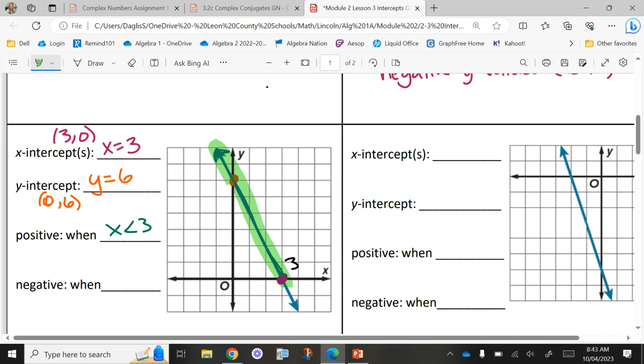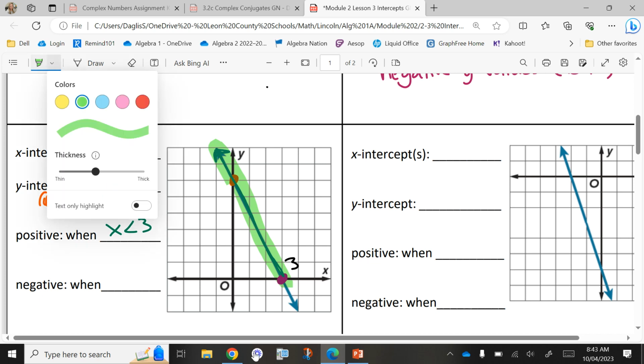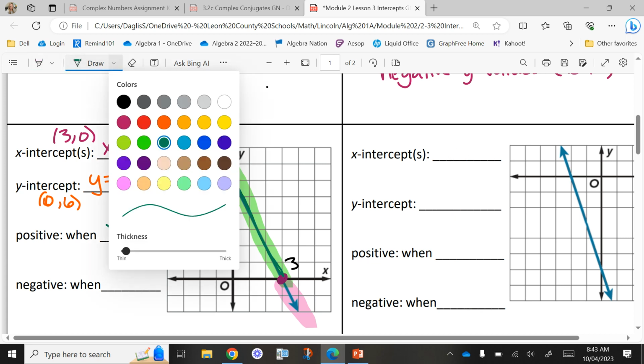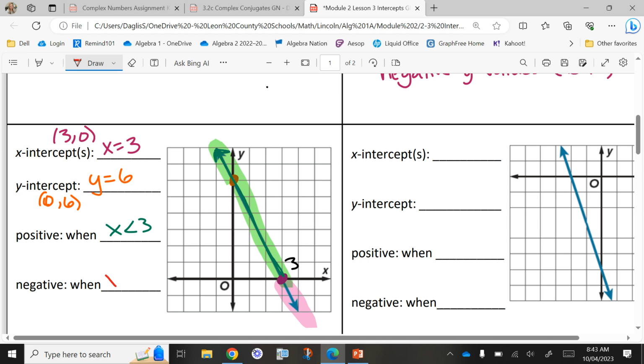Now looking at when we're negative, that's when we're under the x-axis, so that's the other half. That's happening when my x's are bigger than 3. Do we see that? So x of 4, x of 5, x of 6, their y values are going to be under the x-axis. So right here, we're going to say we're negative when x's are greater than 3.